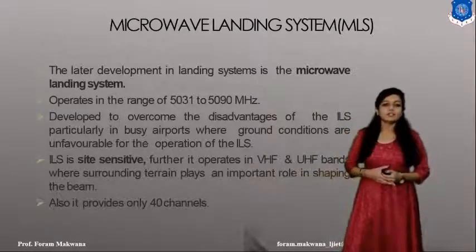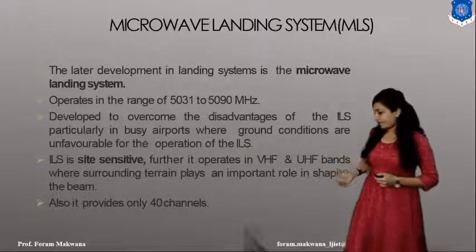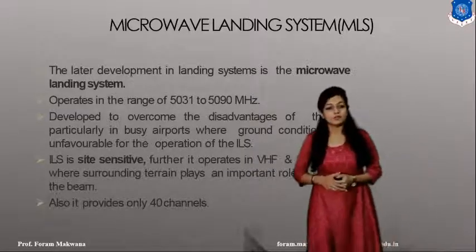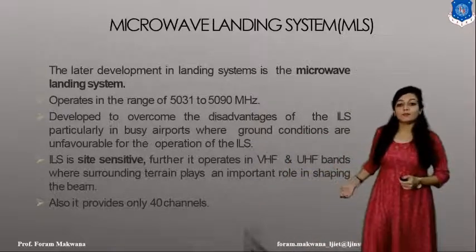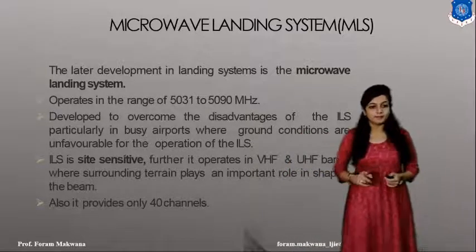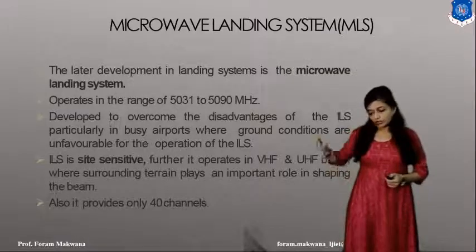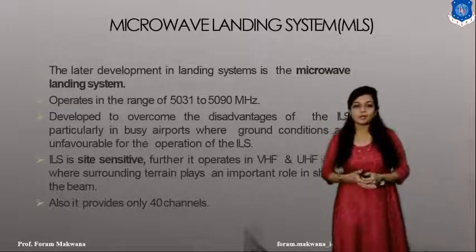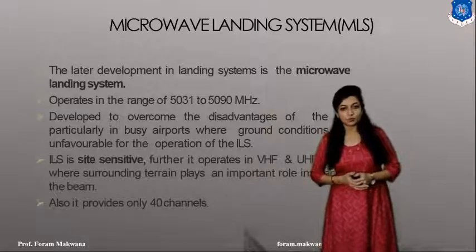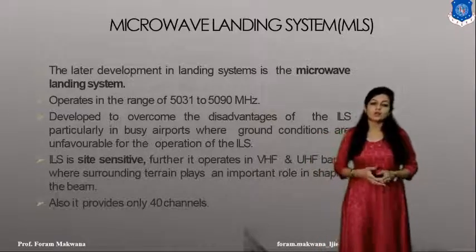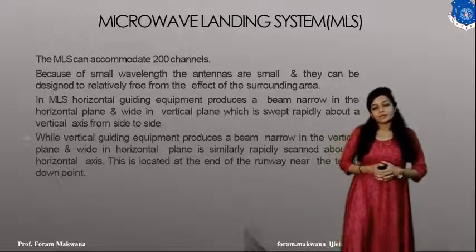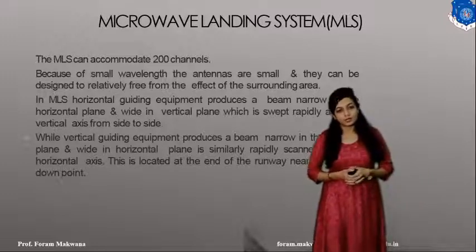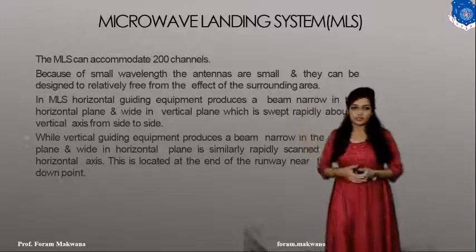Further, it operates in the very high frequency and ultra high frequency band. Why? Because the surrounding terrain plays an important role in shaping the beam. Also, the microwave landing system provides a total of 40 channels, right? So MLS can accommodate a maximum of 200 channels.